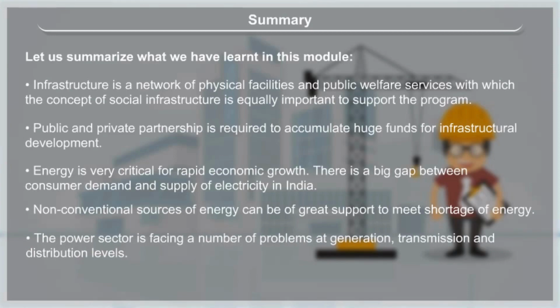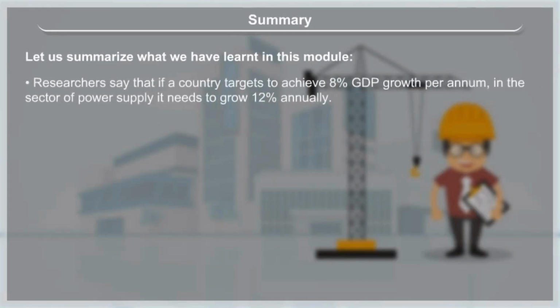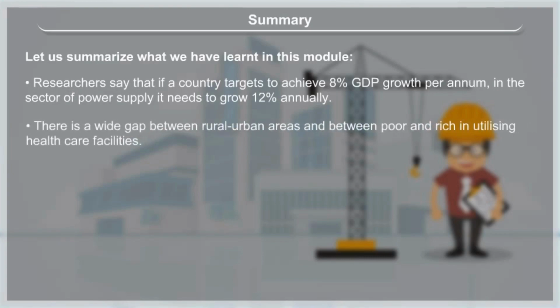The power sector is facing a number of problems at generation, transmission and distribution levels. Researchers say that if a country targets to achieve 8% GDP growth per annum, the power supply sector needs to grow 12% annually. There is a wide gap between rural and urban areas and between poor and rich in utilizing healthcare facilities.